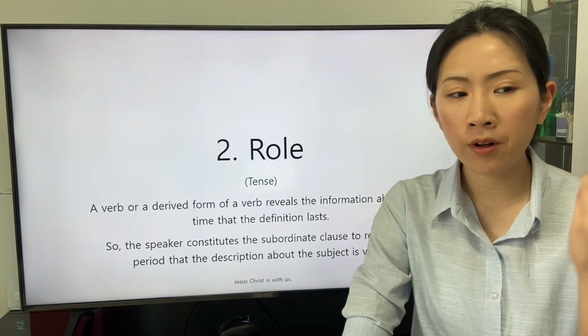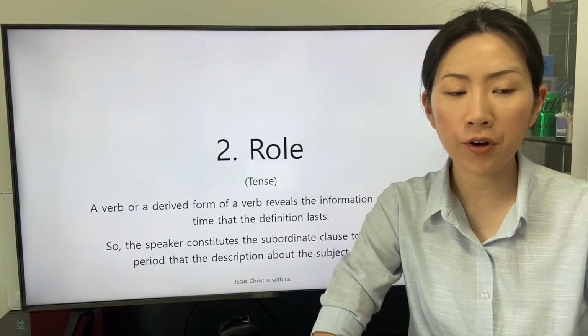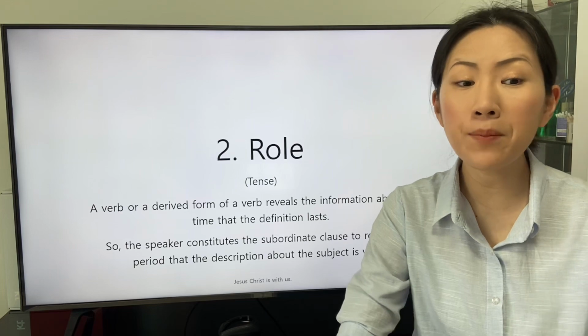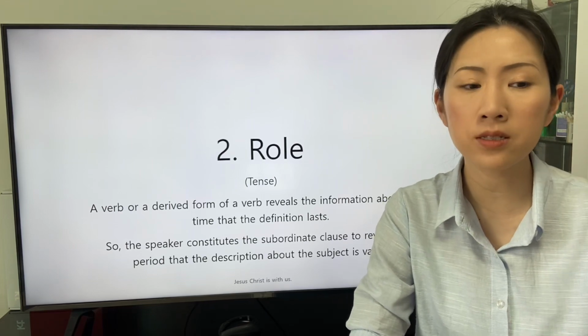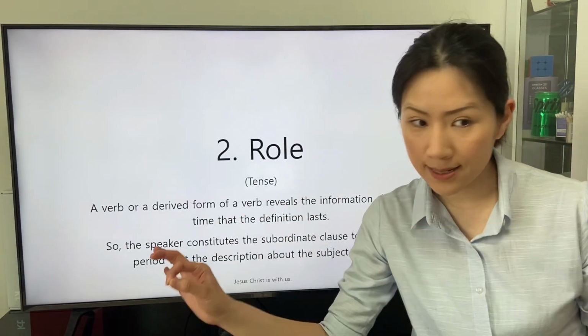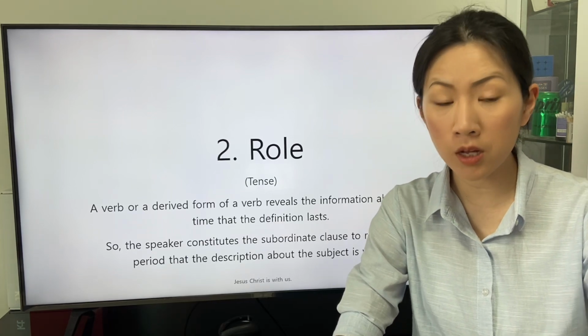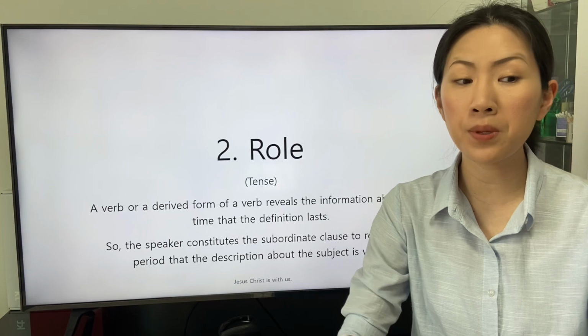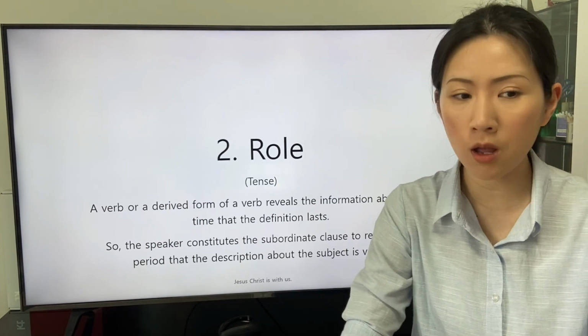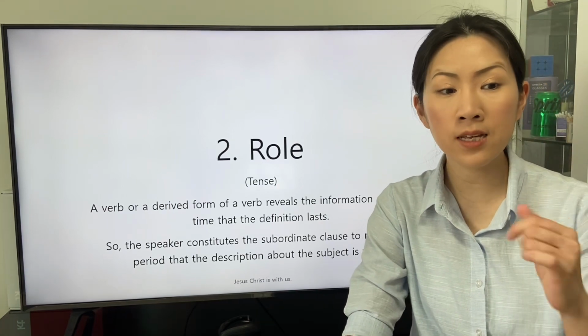A verb or a derived form of a verb reveals the information about the time that the definition lasts. So, the speaker constitutes the subordinate clause to reveal the period that the description about the subject is valid.